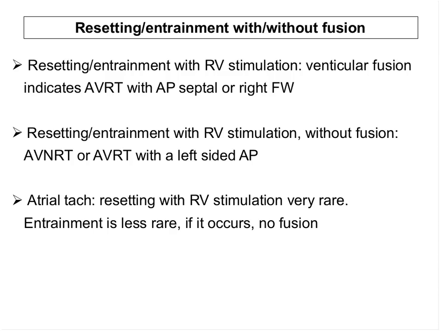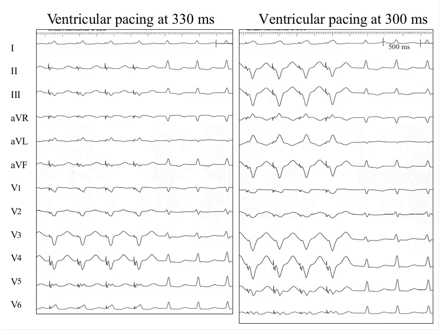Let me show you some examples. Look at these two tracings. I want to stress that these two tracings belong to the same patient, the same tachycardia. You can see the tachycardia on the last 3 beats of each of the tracings.